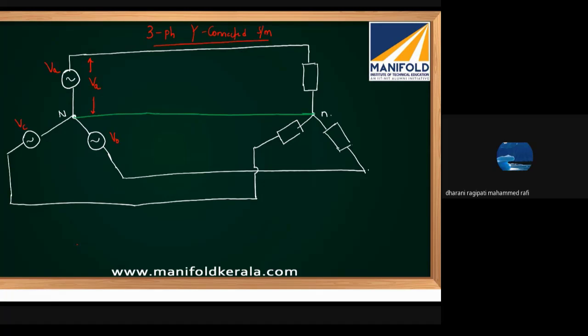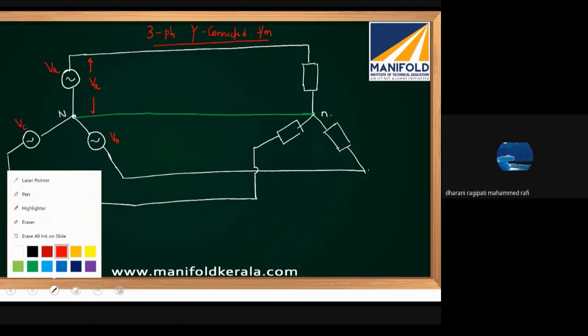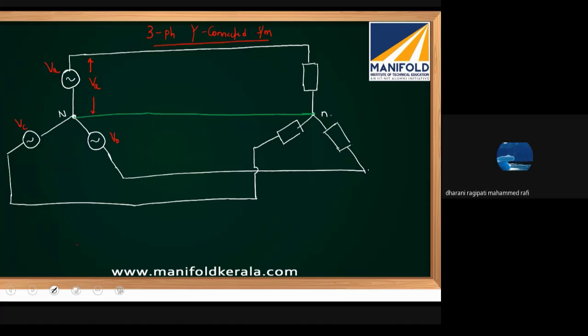Then the current, let us assume that there is some impedance in every phase, some transmission impedance. This is ZA, ZB, and ZC.